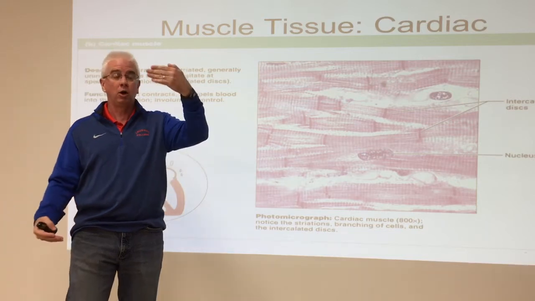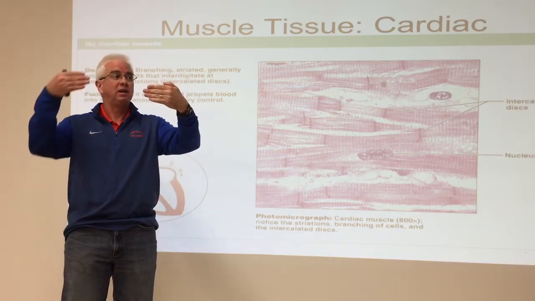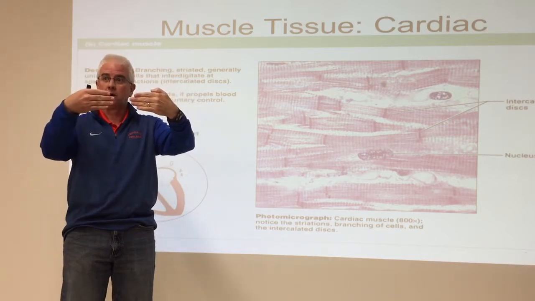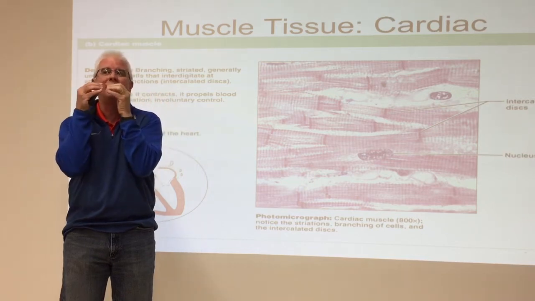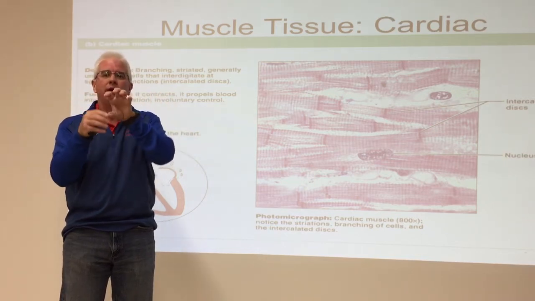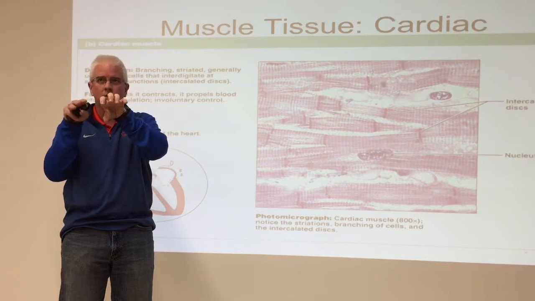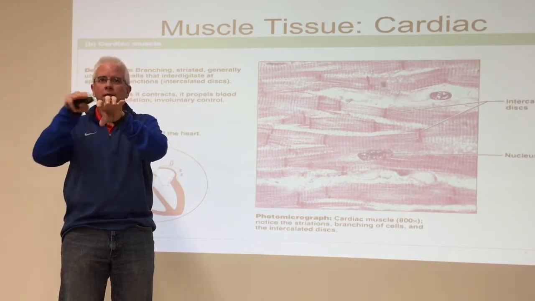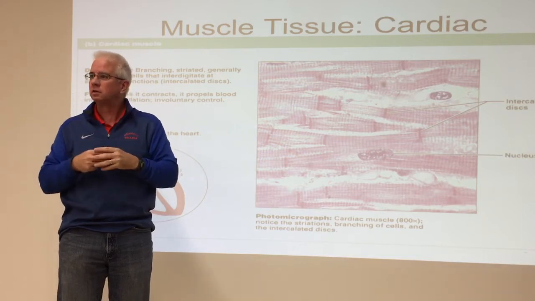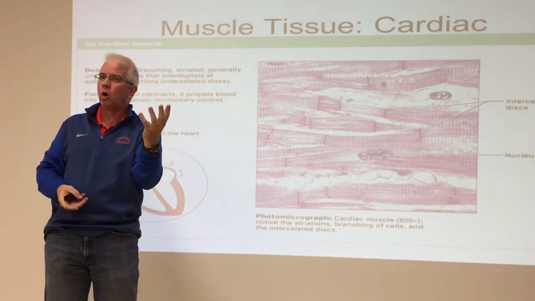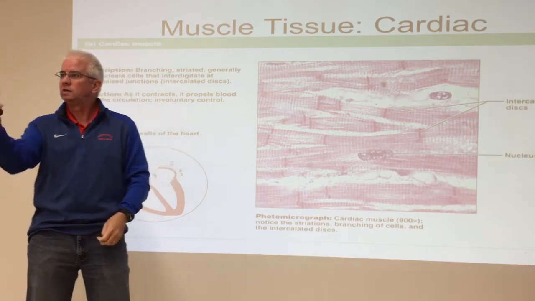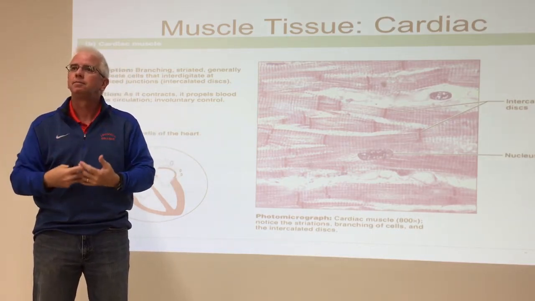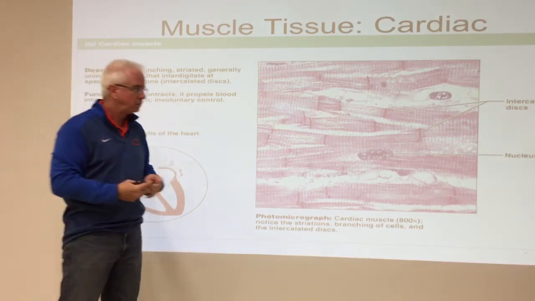So it's like cell 1 and cell 2 are right next to each other. They're not connected by tight junctions. They're connected by a protein, several of them, that create a hole that makes an opening between the two cells. So whatever you do to cell 1, you're going to do to cell 2 because they're connected. Now here's why that's so important.